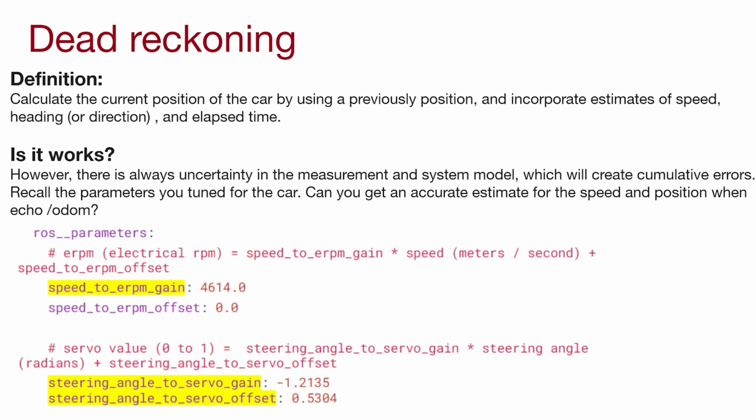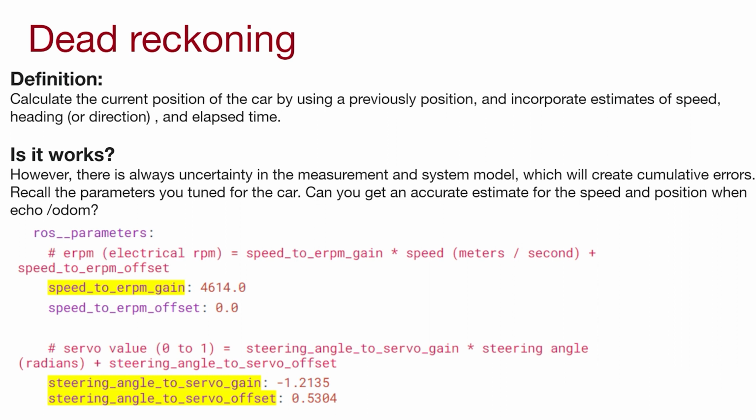So the error itself seems to be negligible if the time range is very small. If the actual velocity of the car is 2 meters per second, and our estimation is 1.9 or 2.1, then in a very short time, there is not much deviation between the true trajectory and the estimated trajectory.